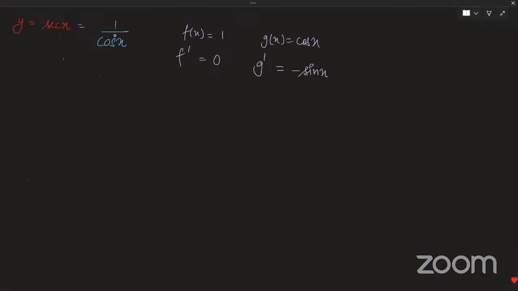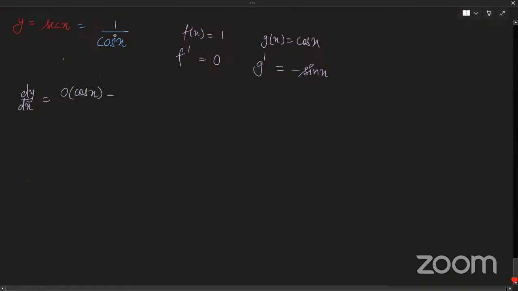Let us give it a try. First you do the derivative of the top, so it is 0 into cos x, minus, then you keep the top as it is and you differentiate this, whole divided by cos square x. So it is basically sin x divided by cos square x.